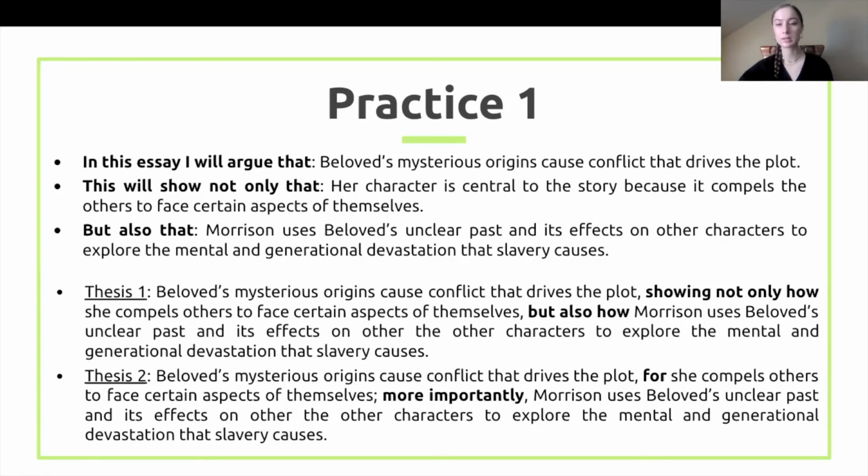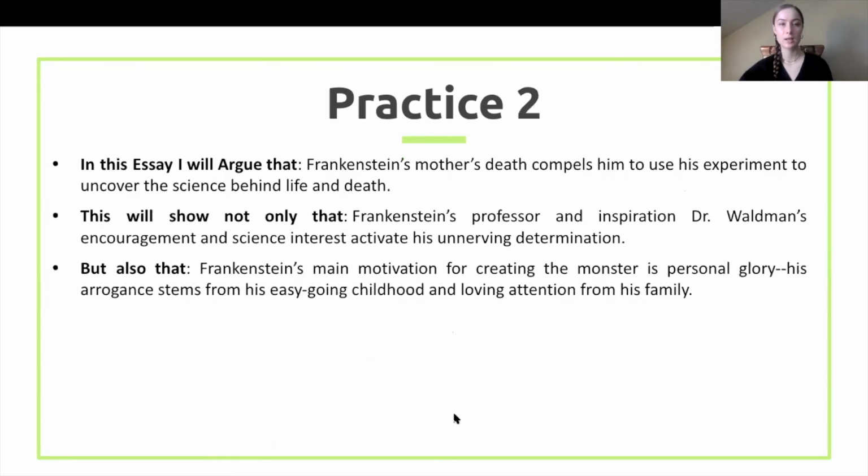More importantly, Morrison uses Beloved's unclear past and its effects on the other characters to explore the mental and generational devastation that slavery causes. All right. So again, on this slide, we have a sample skeleton with arguments already filled in, and you guys will be revising to form a complete thesis. Again, please pause the video here and complete the activity because I'm going to be going over the answers in a few seconds.